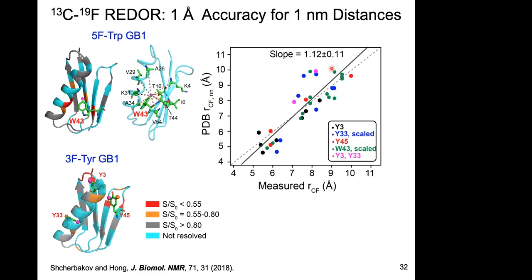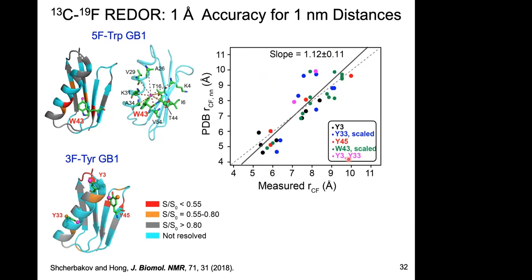And the slope of the solid line is 1.1. So it's not exactly 1. 1 is what you like when things match well. The fact that the slope is slightly deviating from 1 tells you that my measured distances look a little bit shorter than what the true distances should be.